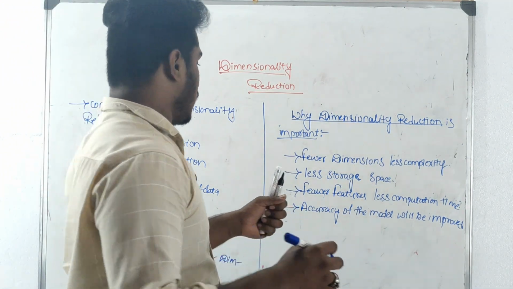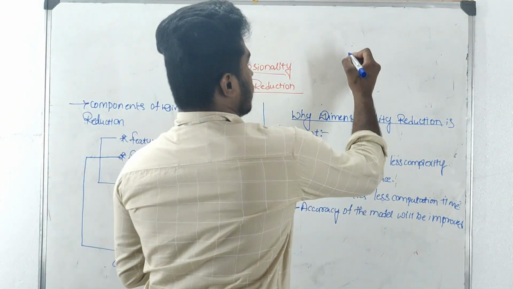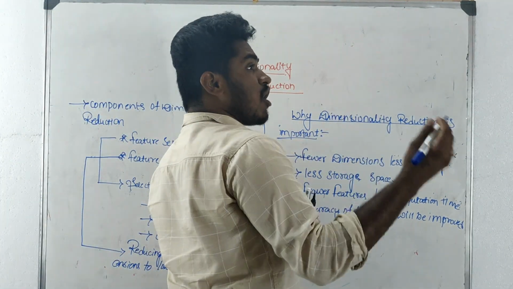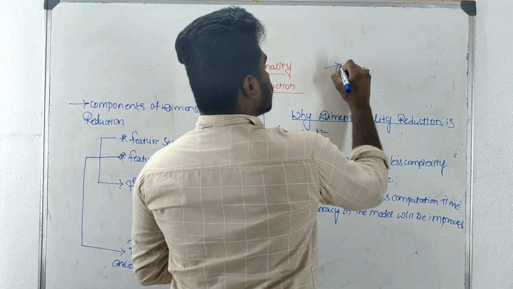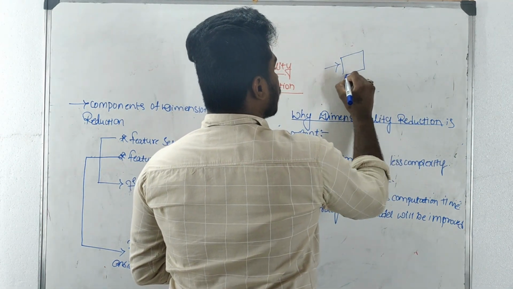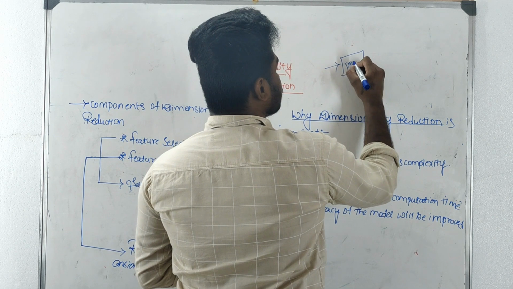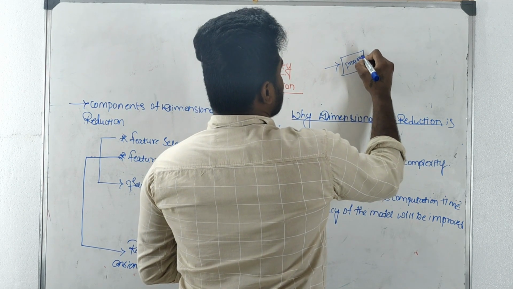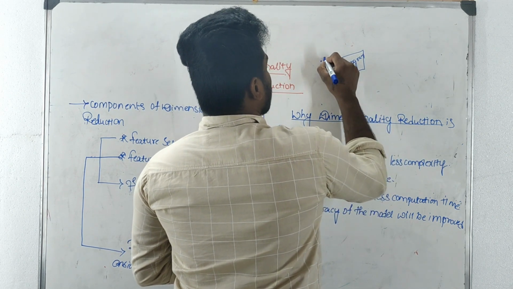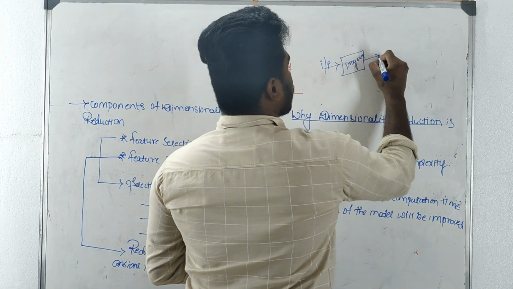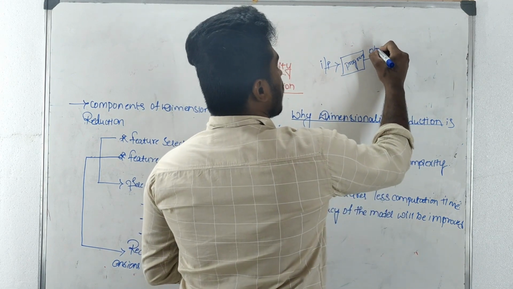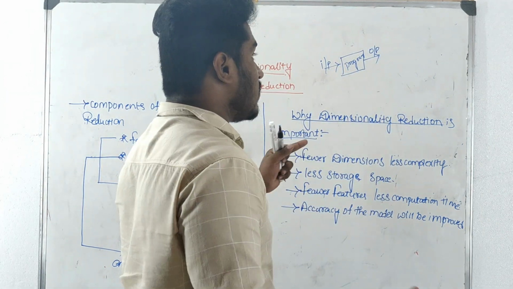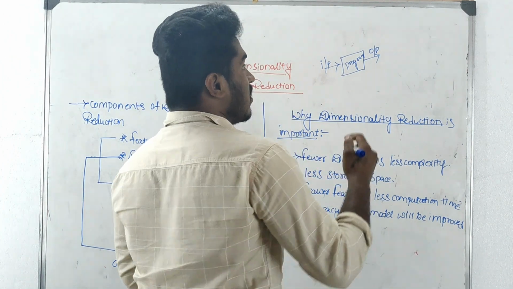So I'll try to explain here. See here. In normal programming languages, we provide the input for the program. Assume that this is a program. Here we give the input, then from the program we obtain the output. But in the case of machine learning, it is not the case.